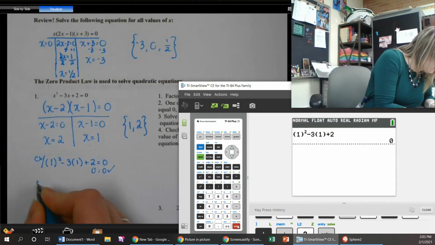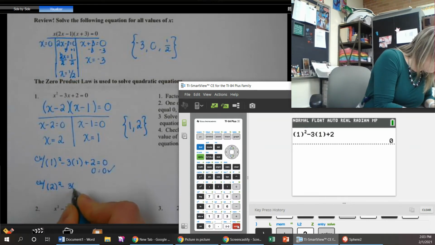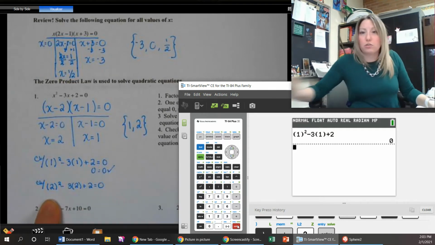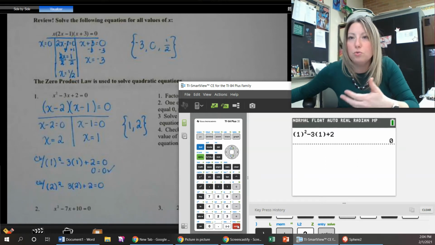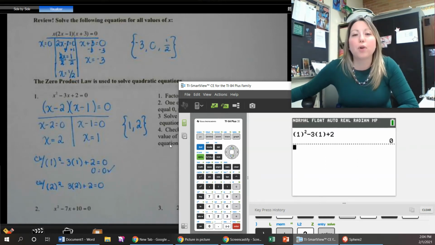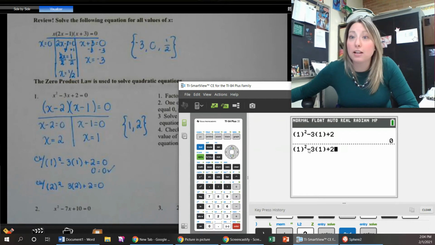There's one check. Okay, now let's take our other answer, which was 2, and we substitute that into the original equation everywhere we saw an x. So I'm going to give you a big hint here. Are you ready? We're just substituting a new number back in. So press second and the plus sign, and it goes back to your last entry.